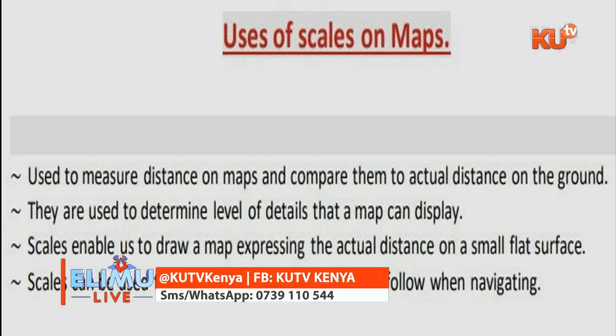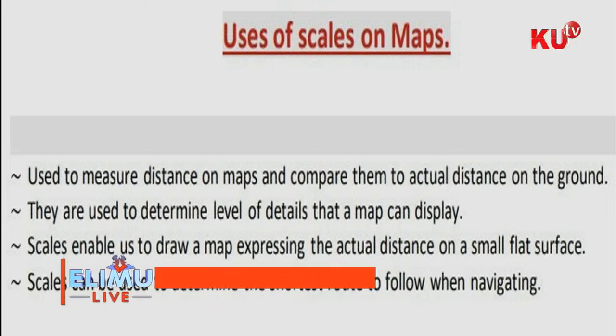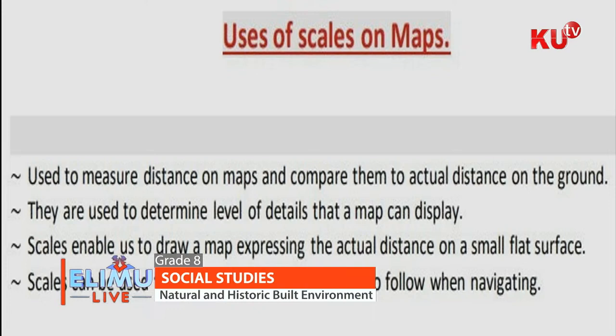Scales enable us to draw a map expressing the actual distance on a small flat surface. As I said earlier, you cannot draw the whole world on a full paper. What you use is what we call the scale.